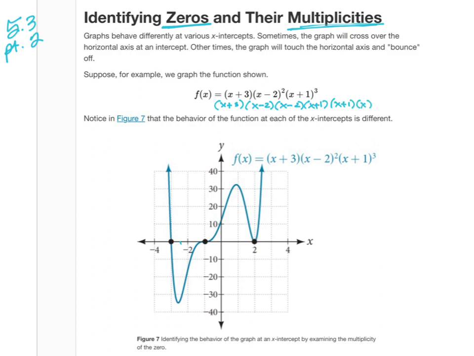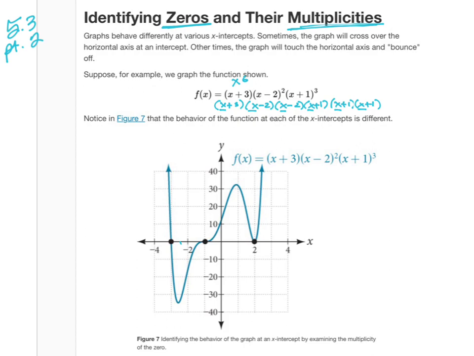If I multiplied all of these polynomials out, my leading term or highest degree is going to be x to the 1, 2, 3, 4, 5, 6. X to the 6th. This is a 6th degree polynomial, right?